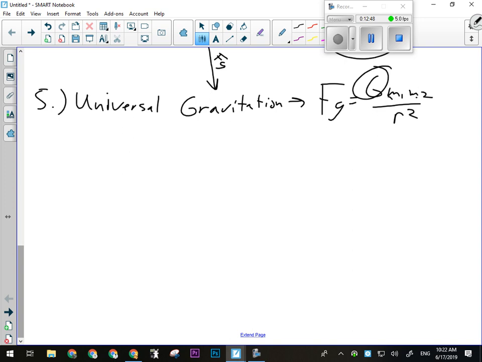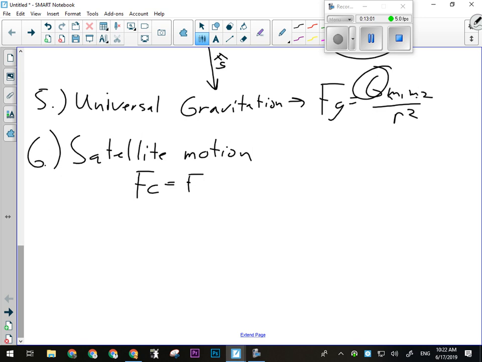Then satellite motion. In all satellite motion, Fc is provided by gravity, right? And not m times g. So we have mv squared over r equals big G times mass 1 times mass 2 over r squared. There's lots of principles involved with satellite motion.